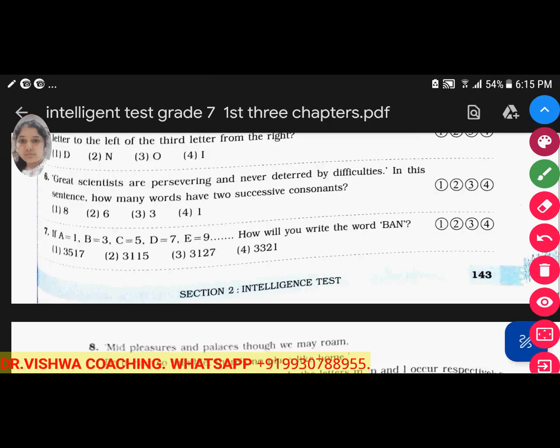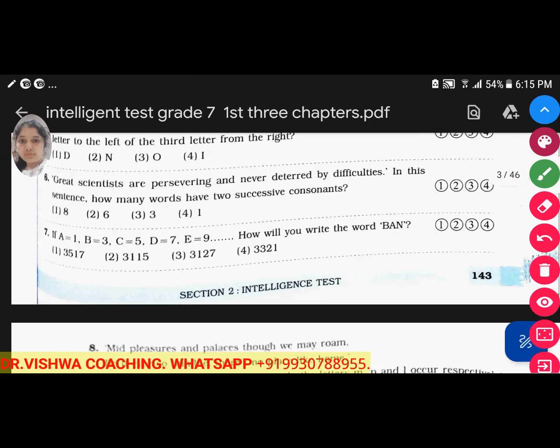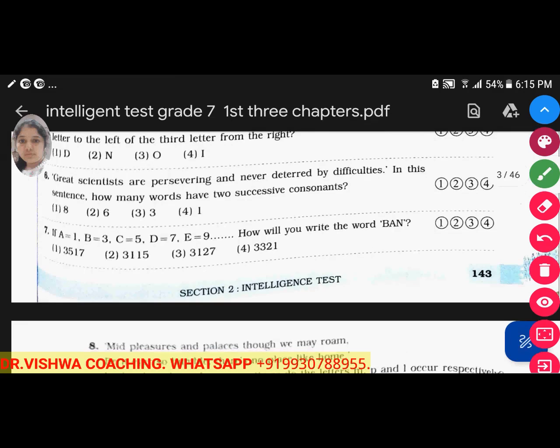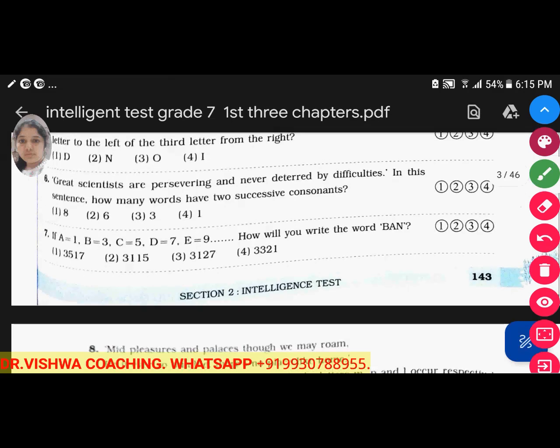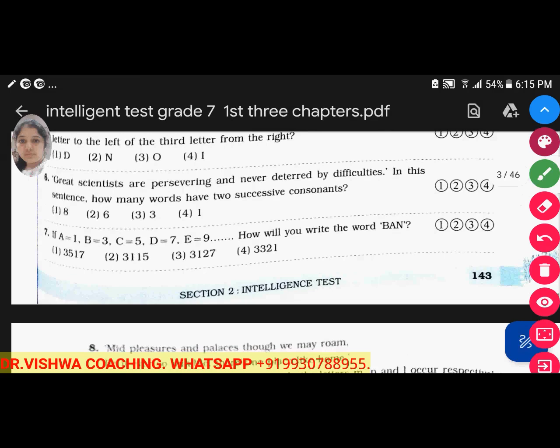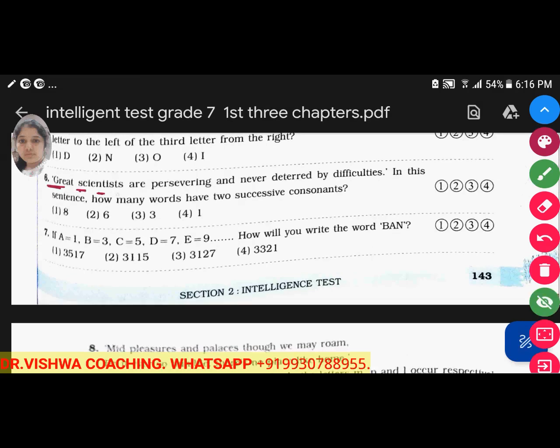Now see, in the word great, G and R are the successive consonants. Scientist, SC are the successive consonants. Then NT is also successive consonants. STS also successive consonants are here. So like this you have to count how many successive consonants are there. And if you count it, then you will find there are 6 such words that have two successive consonants.